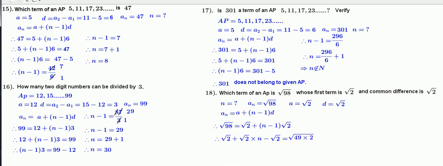Here, root 2 minus root 2 get cancelled. So, in the next step, we have root 2 into n equal to 7 root 2, because square root of 49 is 7. Therefore, n equal to 7 root 2 divided by root 2. Here also root 2 get cancelled. Therefore, n equal to 7. Therefore, root of 98 is the 7th term.